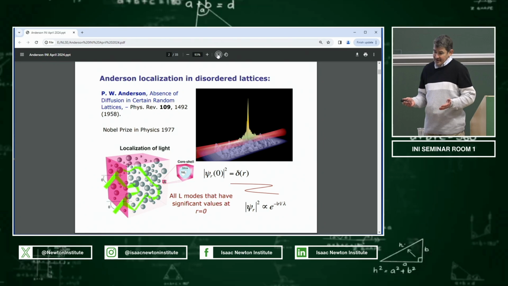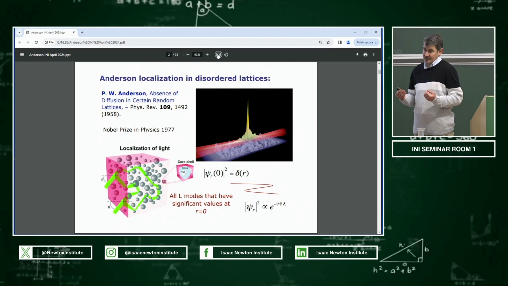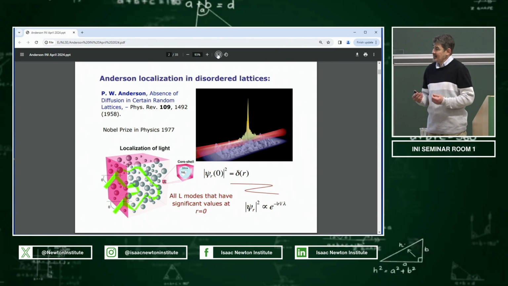The wave function gets scattered, with destructive interference on multiple scattering paths. If the disorder is strong enough, this destructive interference will result in localization. So a wave cannot propagate across a random medium if the degree of disorder is strong.